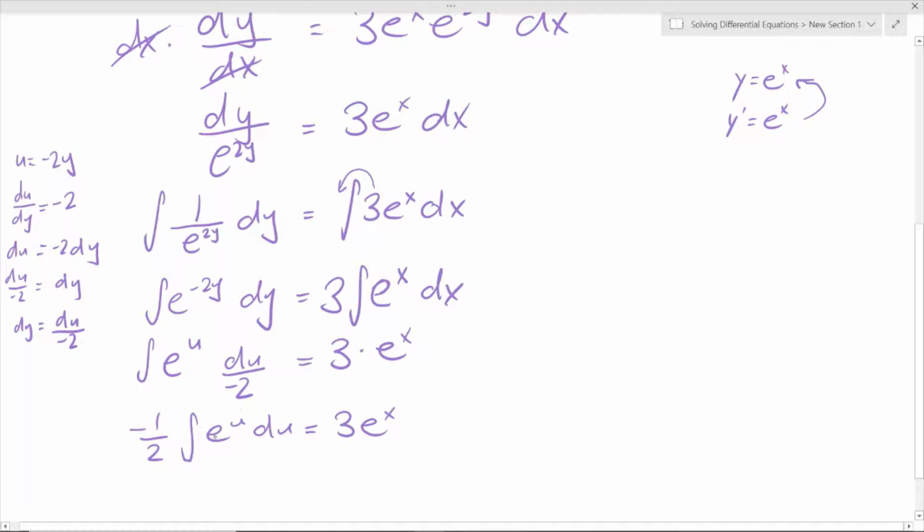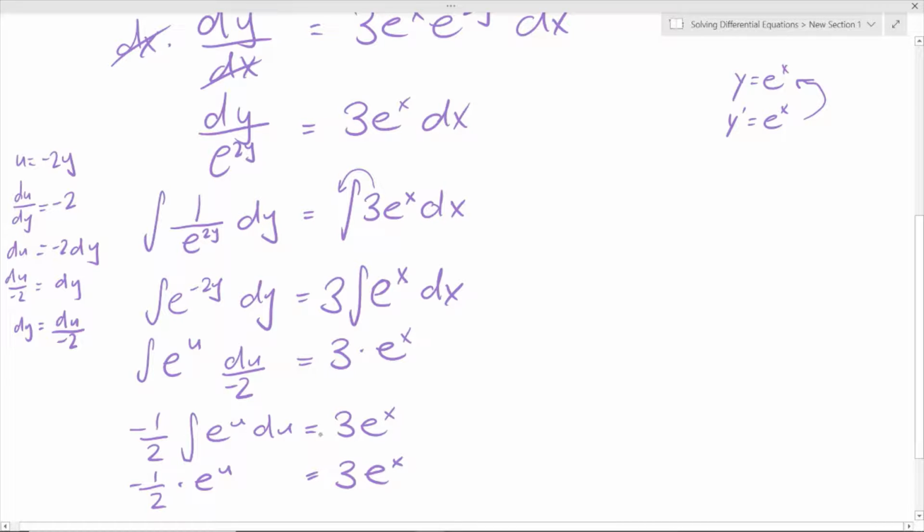And now if we integrate e to the exponent of u, just like I mentioned before, the derivative is basically itself, so we will get the same thing. It's just e to the exponent of u. And this is equal to 3 times e to the exponent of x.